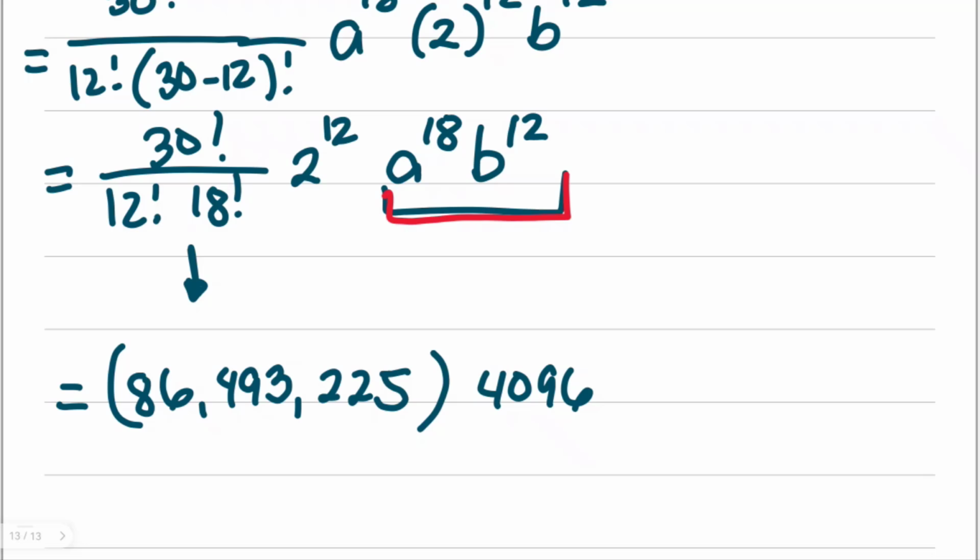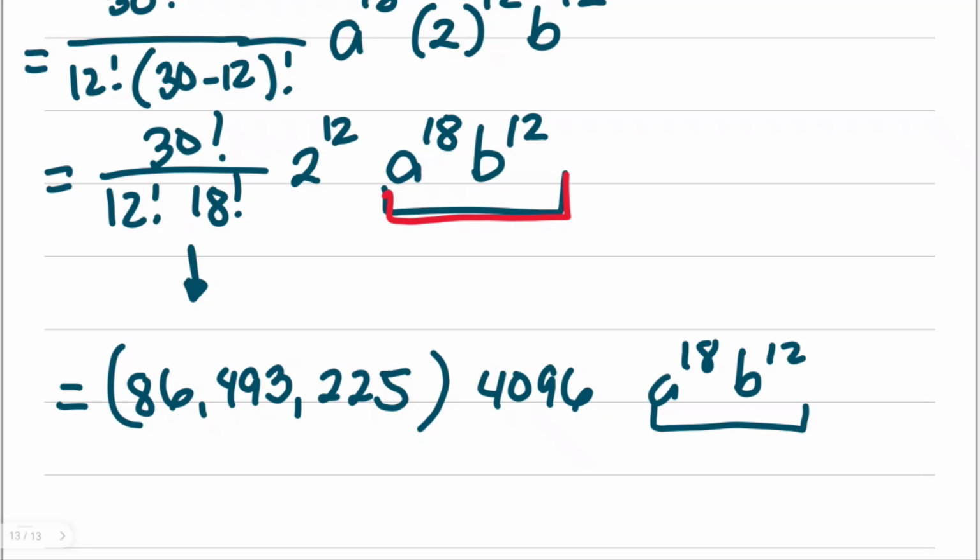Again, it's actually a to the power of 18, b to the power of 12. We don't actually need this, but I'm rewriting that for us to be guided. My point is that we are just looking for the numerical coefficient.